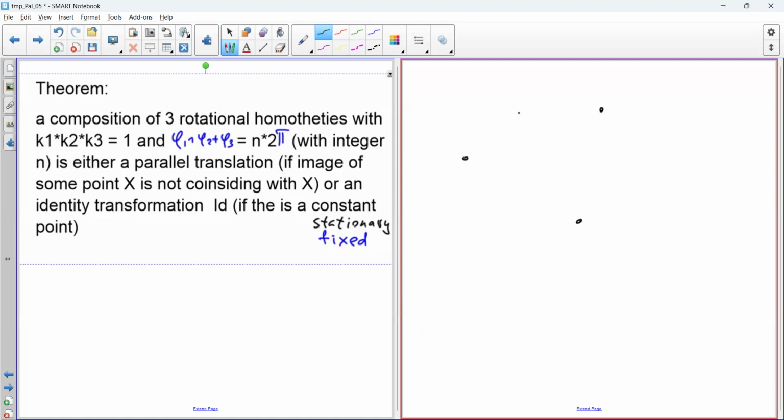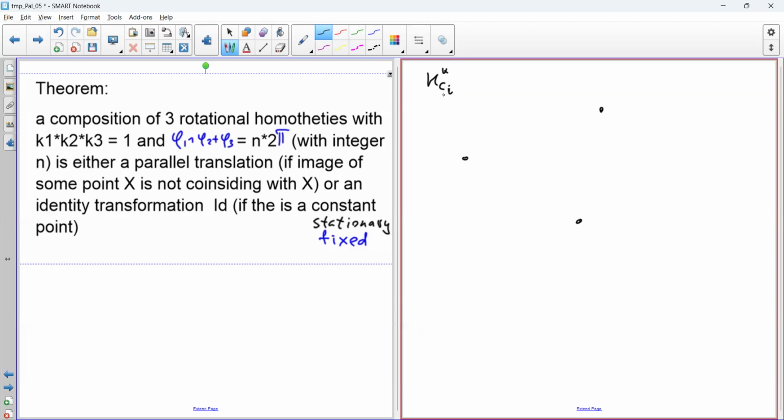So suppose we have the three centers. We have homotheties with center, coefficient. We just denote them in a uniform way.